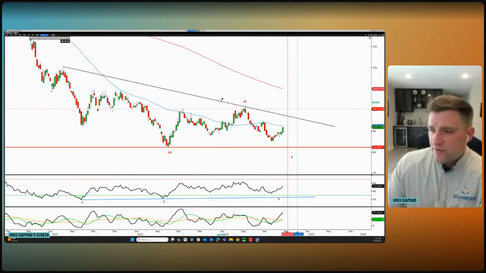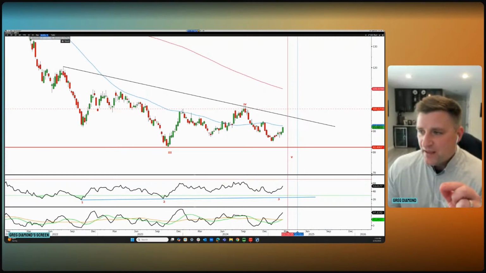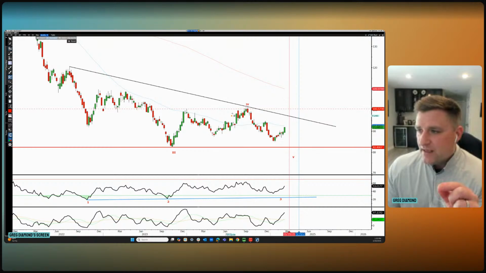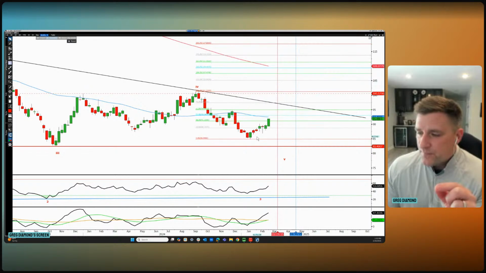From this high, you can see here this wave 4. Let's track our Fibonacci retracement, and what I want to show you is where we are stopping. If you go to the extreme high and the extreme low, you're not getting much.